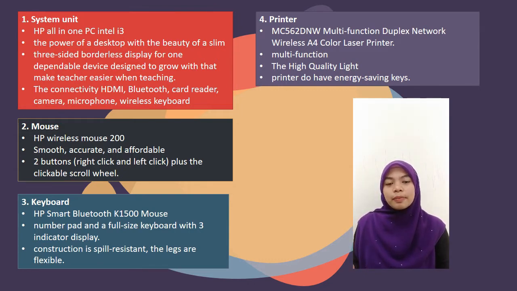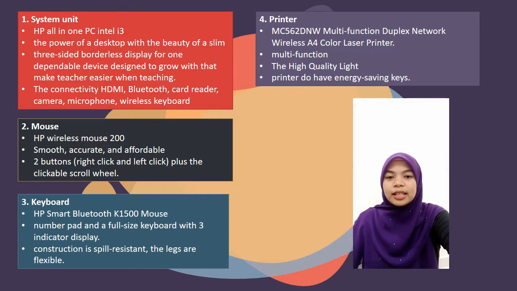This PC also has connectivity with HDMI, a wireless mouse and microphone, and also a wireless keyboard. The next one is the mouse. This mouse is the HP Mouse 200.